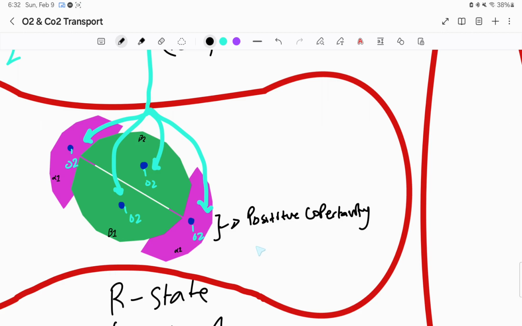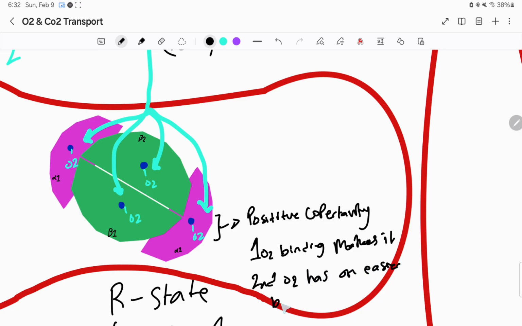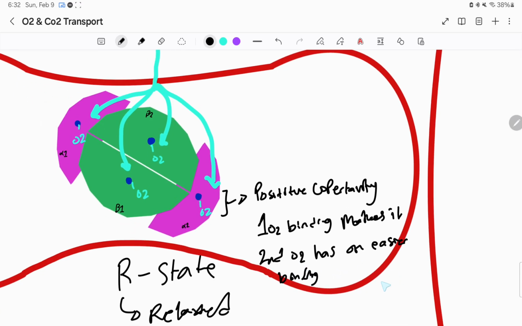This means that one oxygen binding makes it so the second oxygen has an easier time binding. Okay? Has an easier time binding. And then the second oxygen binding makes it so that the third oxygen has an easier time binding. And the third oxygen binding makes it easier for the fourth oxygen, okay? And you can see that this is continuous. So this is a cooperativity that they express.